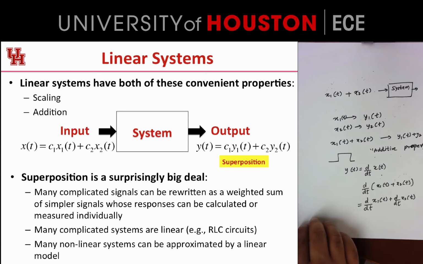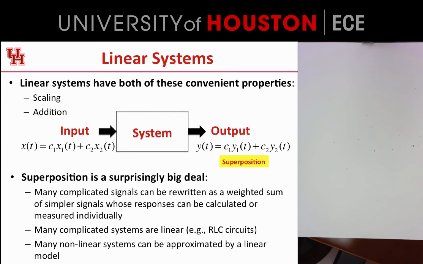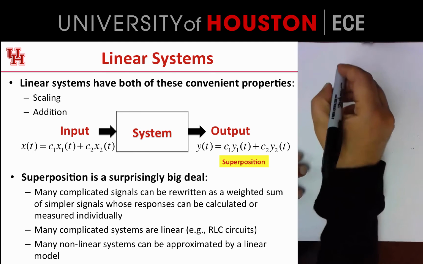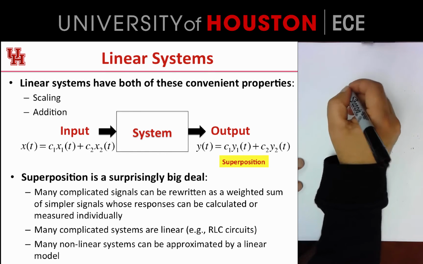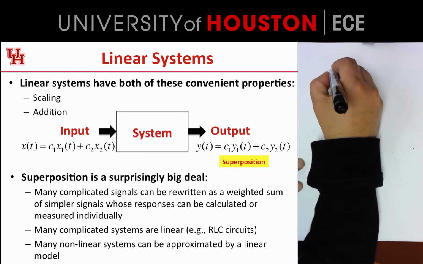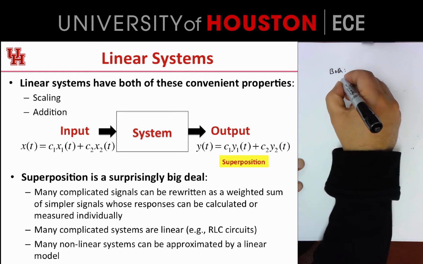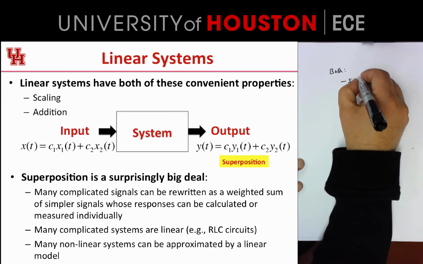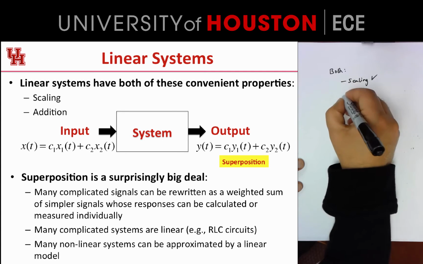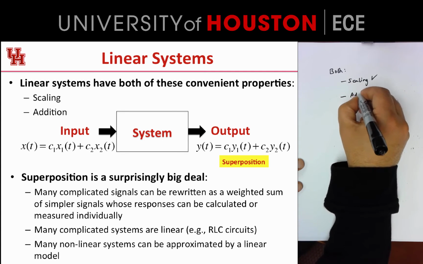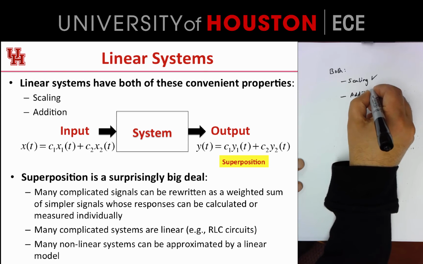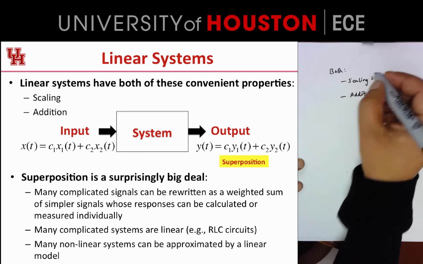Now, what's particularly interesting to us is that there are systems, and they are quite common, that have both of these properties. They have the scaling property and they have the additivity. And you can see how this is useful.